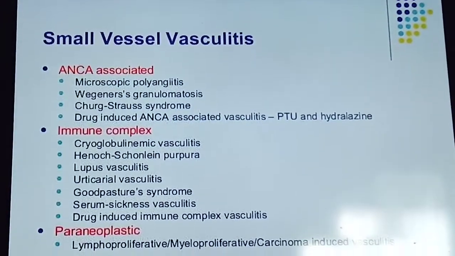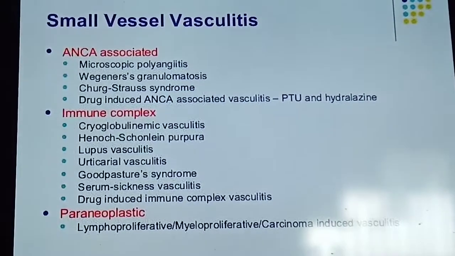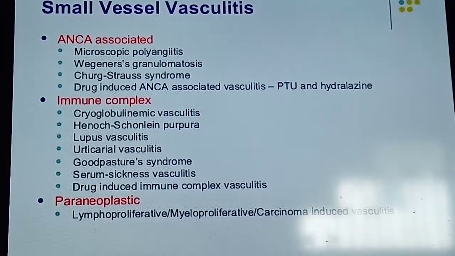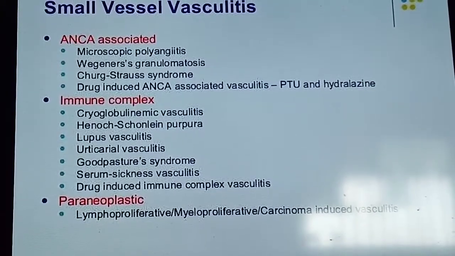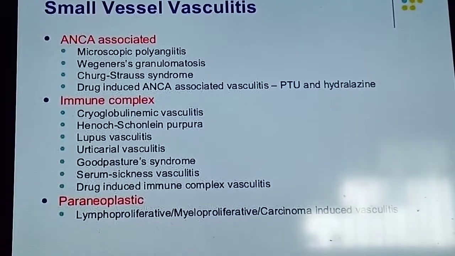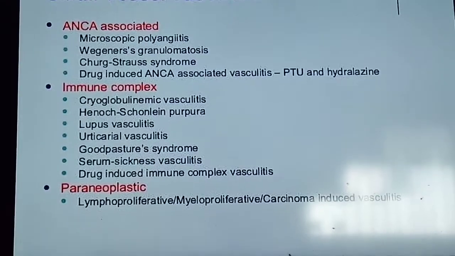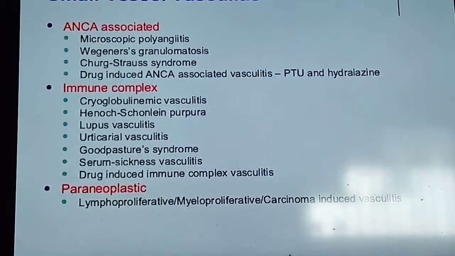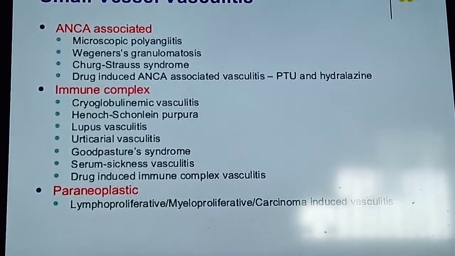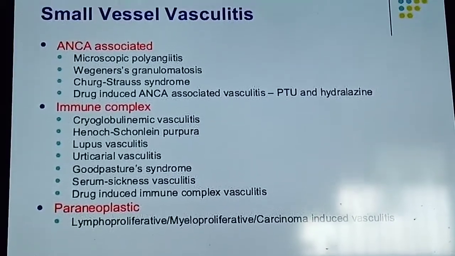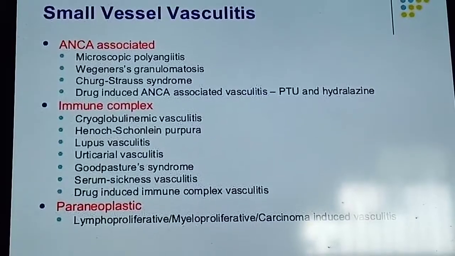Immune complex mediated includes cryoglobulin vasculitis, Henoch-Schonlein purpura, lupus vasculitis, urticarial vasculitis, Goodpasture syndrome, serum sickness vasculitis, and drug-induced immune complex vasculitis. Paraneoplastic small vessel vasculitis is usually lymphoproliferative, myeloproliferative, or carcinoma-induced.